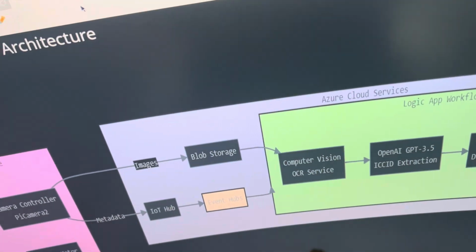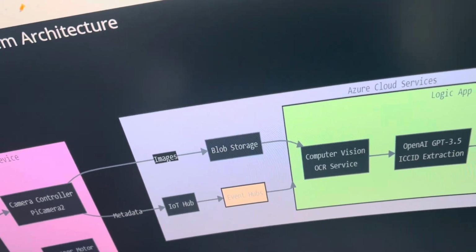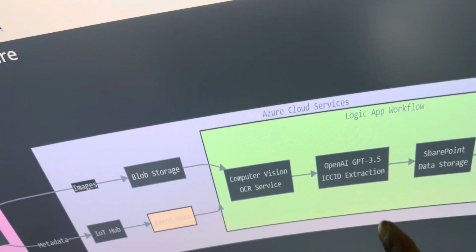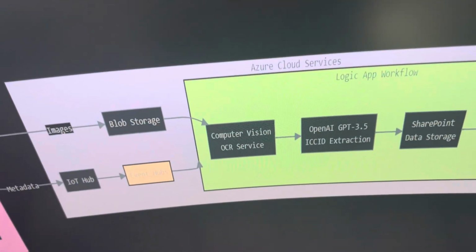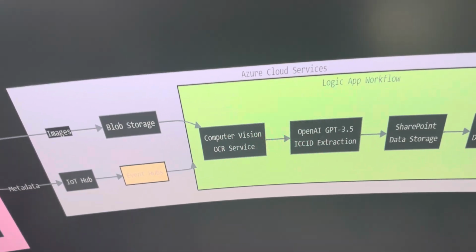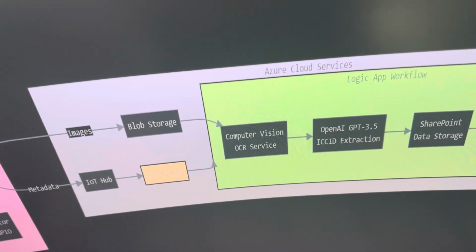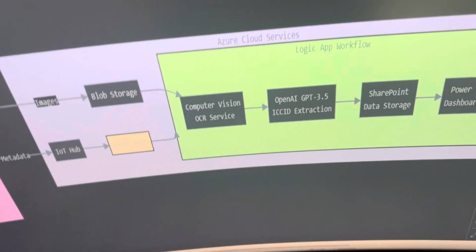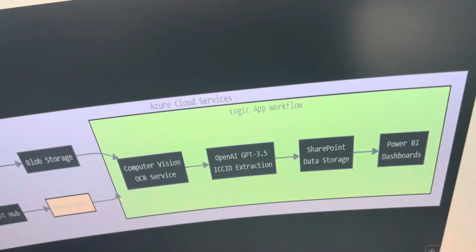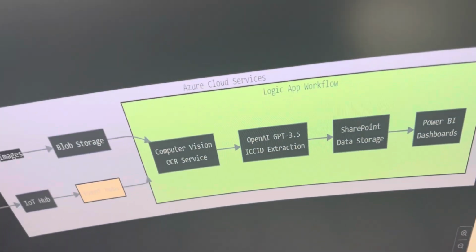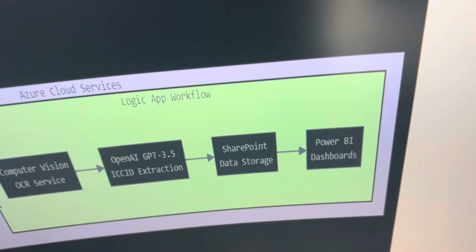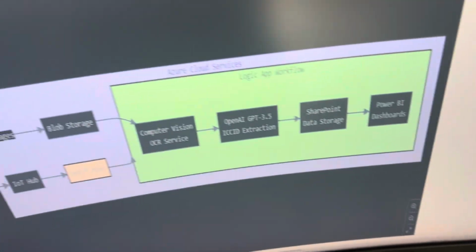Then when computer vision extracts the characters, I have OpenAI GPT 3.5, which does the analysis and extraction of ICC IDs, because there's a lot of text there and some of the text is not relevant to ICC ID numbers. From there, the data is saved into SharePoint, and real-time Power BI dashboards are updated.